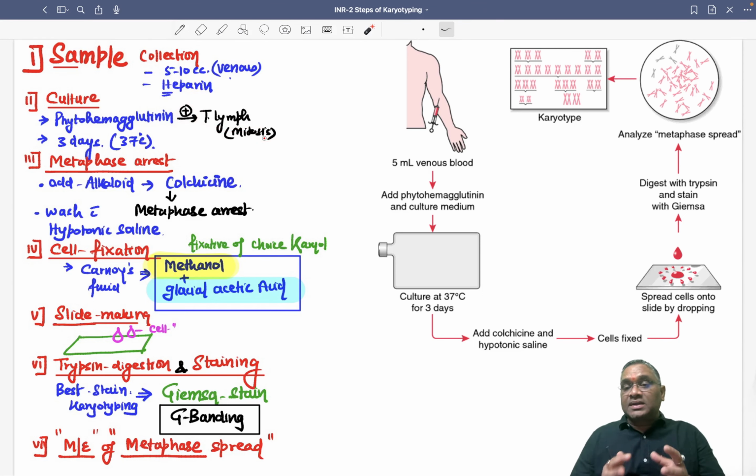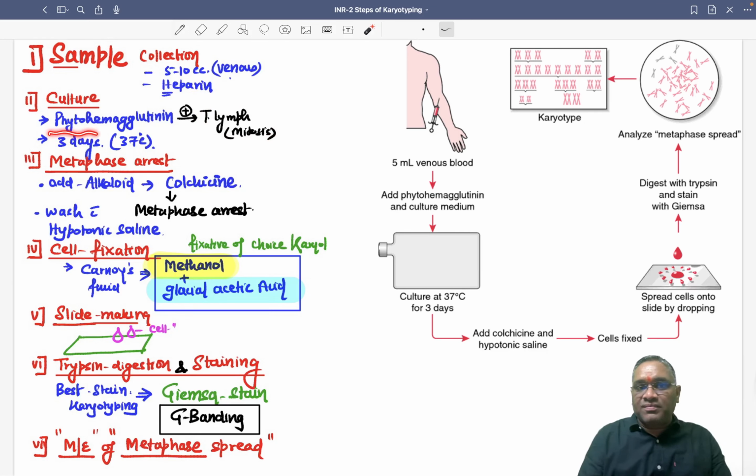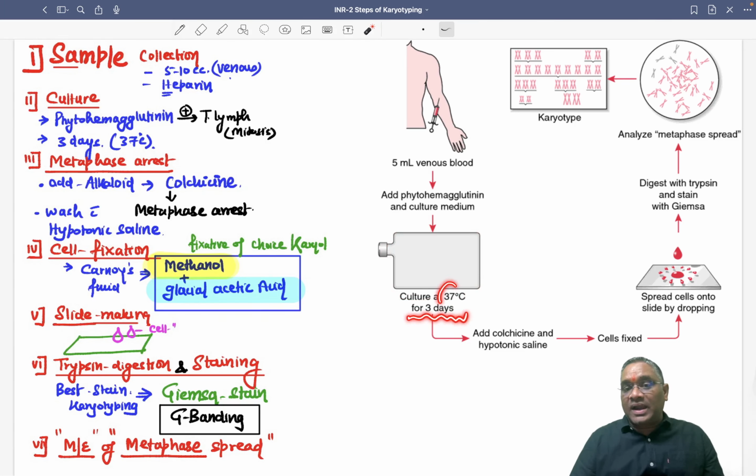T lymphocytes are there in the blood sample, which have to start their mitosis, and for that purpose we are adding phytohemagglutinin. That culture will be kept for 3 days at 37 degrees Celsius. So the second step is culture: add phytohemagglutinin and keep for 3 days at 37 degrees Celsius.